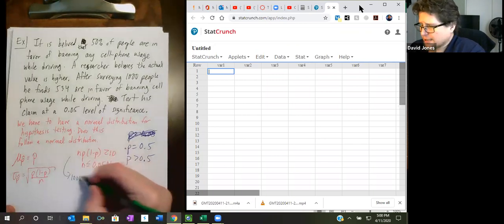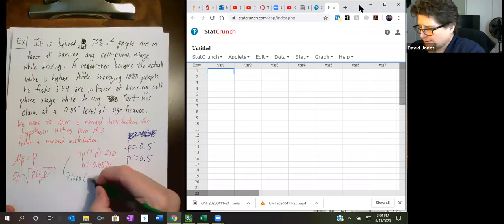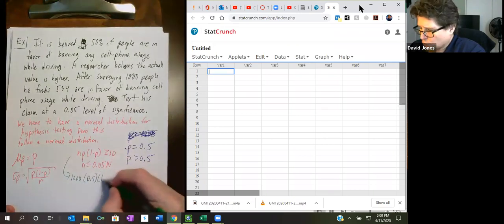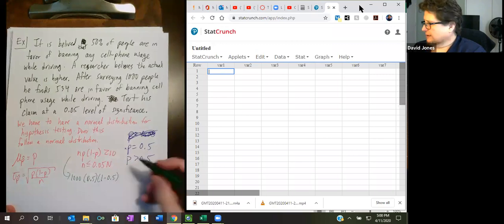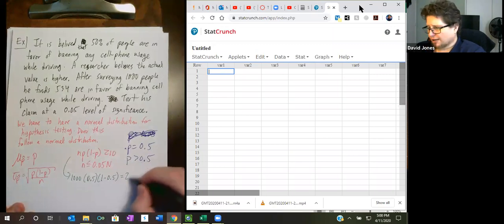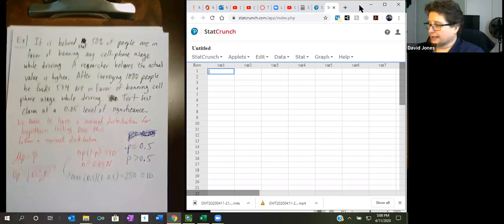1,000 is much less than 5% of the population. That one's met. Let's check this one. We have 1,000 times 0.5 times 1 minus 0.5. If you work out that calculation, that's 250. That's definitely greater than or equal to 10.